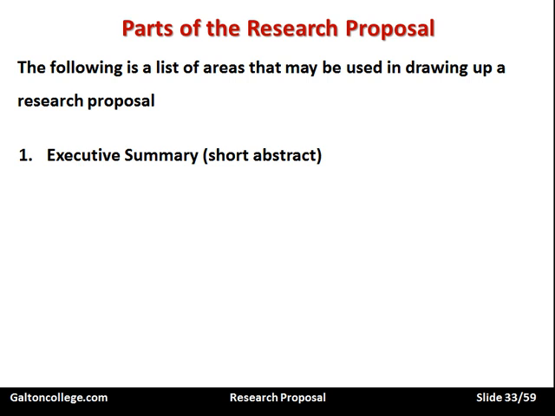It states what the proposal is, what the research question is, how the proposal will meet the research question, and gives some very basic facts about the situation and what is anticipated will be the outcome from this whole exercise.